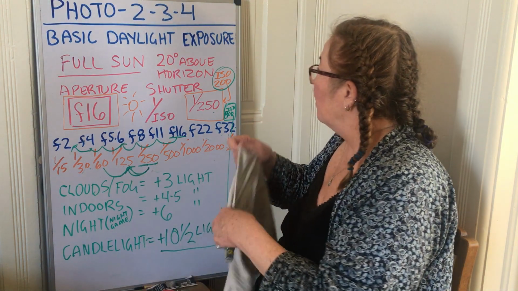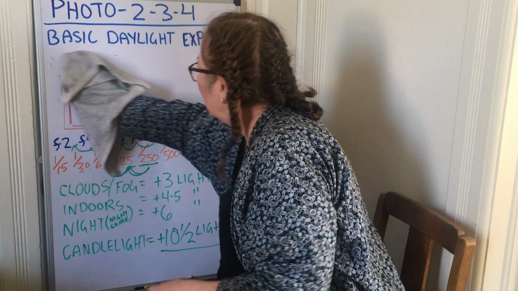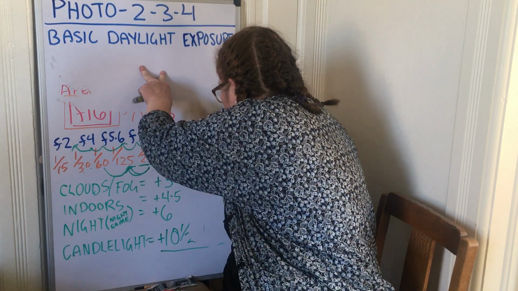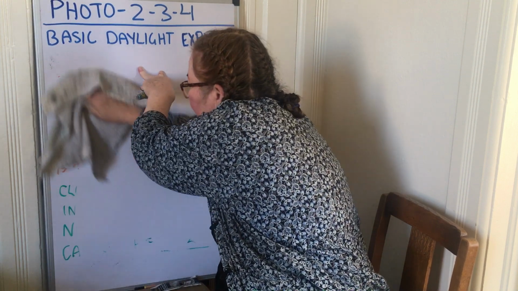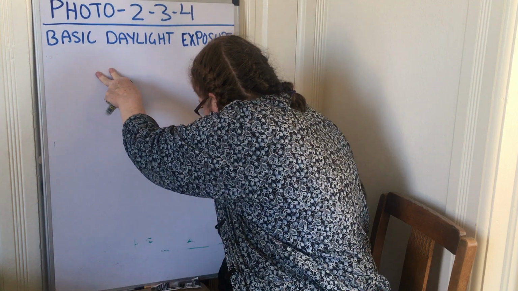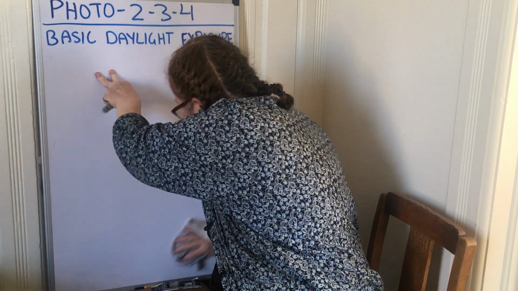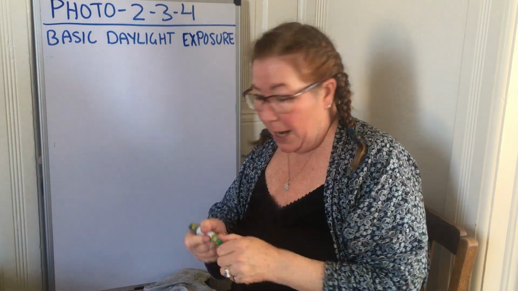The second most important thing you need to know, besides using the Sunny 16 rule, is bracketing. And by bracketing, that means that you take photos at 3 to 5 different exposures while you're doing this. And if you have a digital camera, you can set it to automatically bracket.